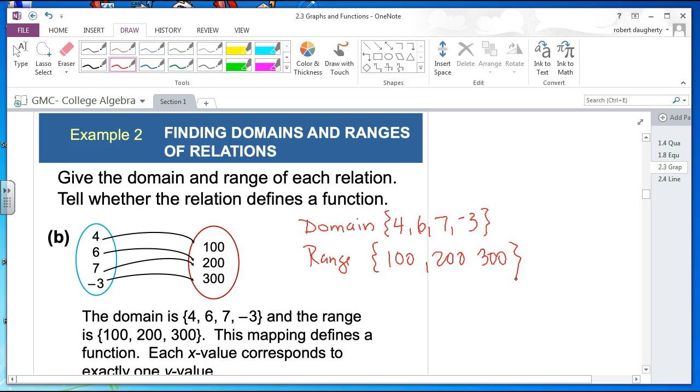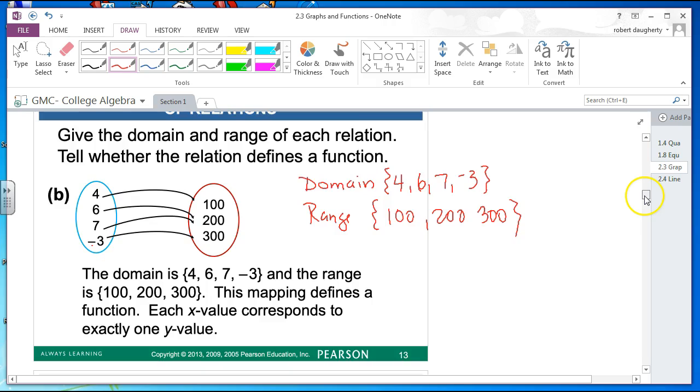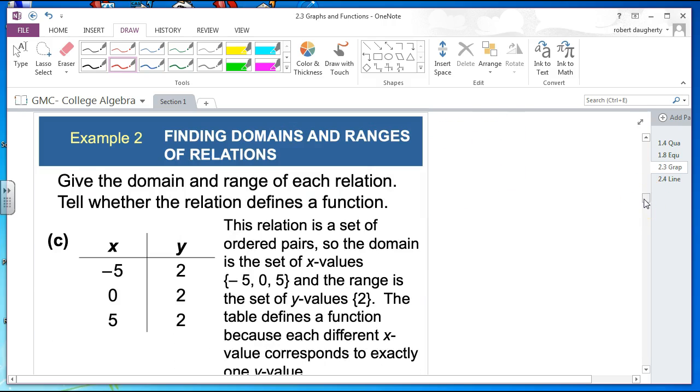Well, I look and see, are there repeated x values? Is there an x mapped to two different y values? So in this case, I've got 4, 100, 6, 200, 7, 200, -3, 200. This is a function because there's no case of any of the x values mapped to two different y values. Okay, so this is a function. So in this case, you see the domain and range, and yes, that it is a function.